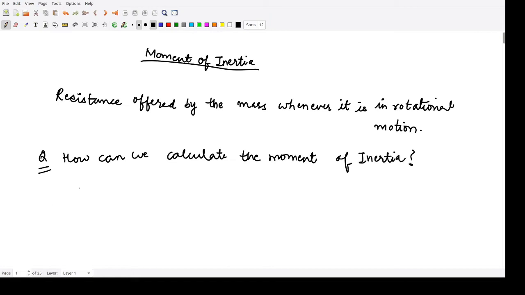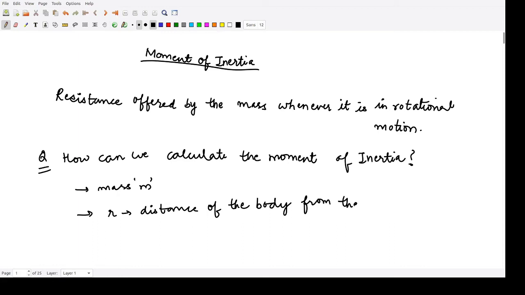Suppose we have some body whose mass is given to be m, and we have r as the distance of the body from the given line about which we are interested to calculate its moment of inertia.